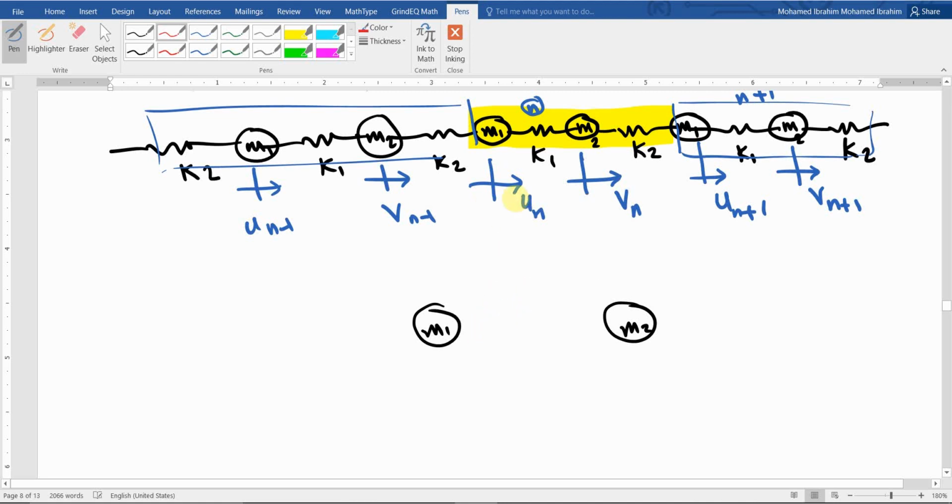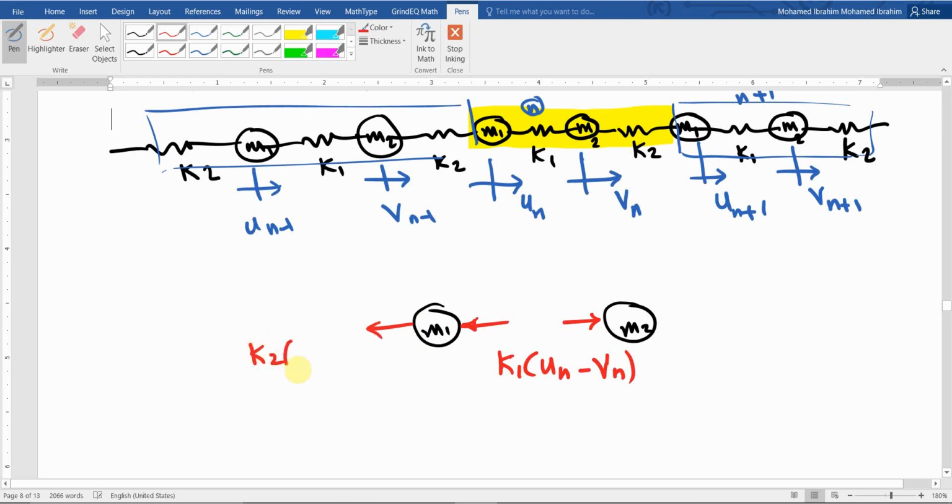Let us assume that Un is bigger than Vn, so the pushing is going to be in this direction. So there should be a spring force here, and this spring force should be switched on the other mass. This is going to be K1 times the bigger displacement, Un, minus the smaller displacement, which is Vn. Then we have another spring here, assuming that Un is bigger than Vn minus 1. So this force should be in this direction.